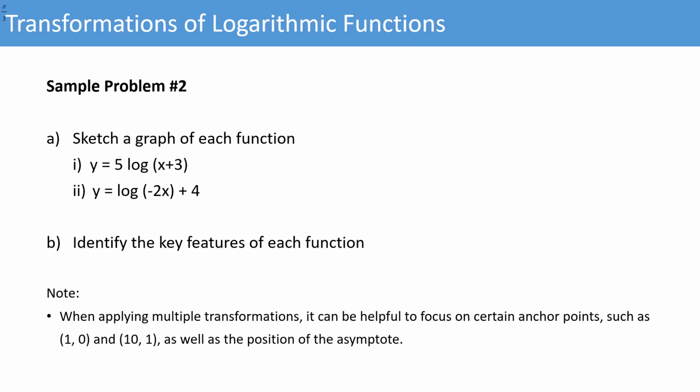When you're applying multiple transformations and translations, which we will be doing, it can be helpful to focus on certain points and see what their behavior becomes, such as, for example, (1, 0) and (10, 1). Make sure to also note the position of the asymptote as it changes. Let's begin.